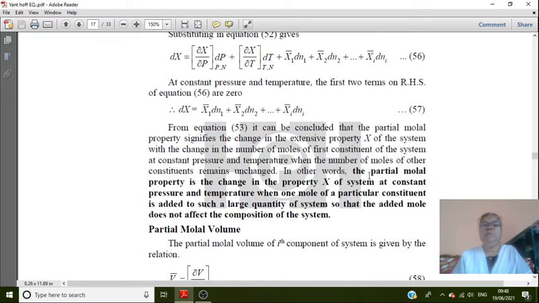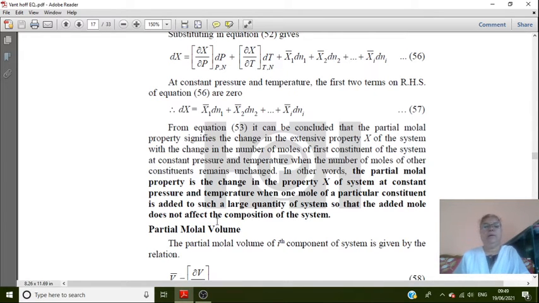Or in other words, the partial molar property is the change in property X of the system at constant pressure and temperature when 1 mole of a particular constituent is added to such a large quantity of the system that the added mole does not affect the composition of the system.